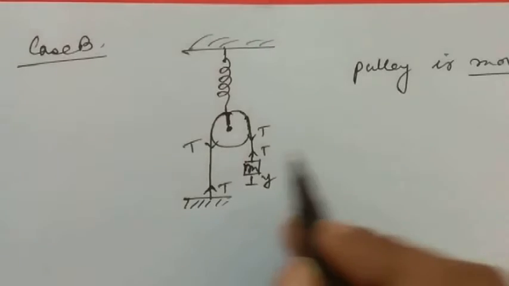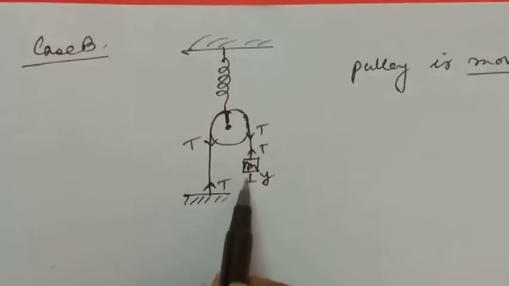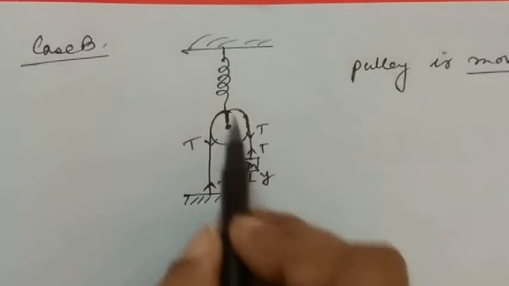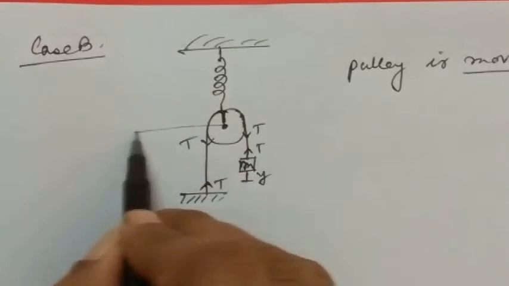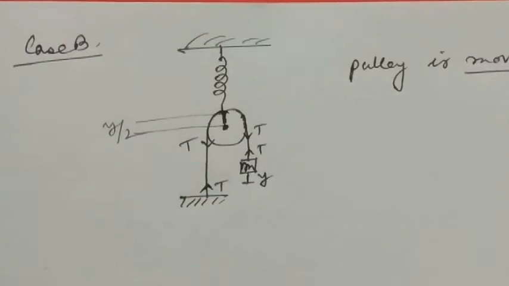This mass M moves the distance y downwards. The pulley will move a distance of y by 2. As this moves y, the pulley will move a distance of y by 2.